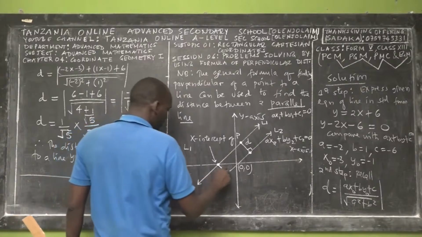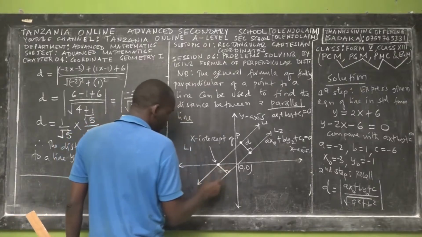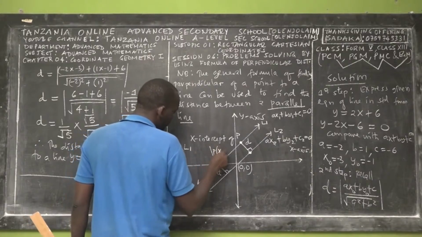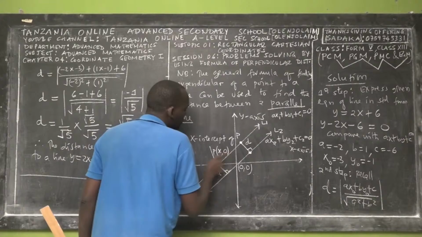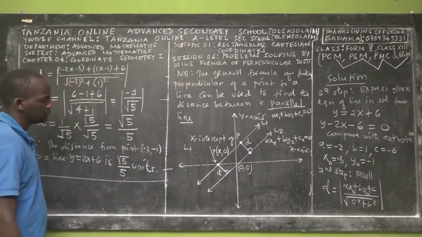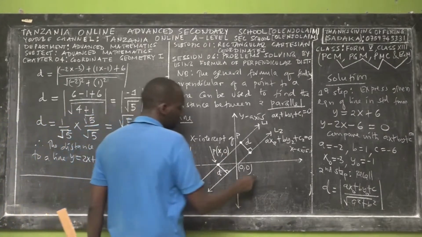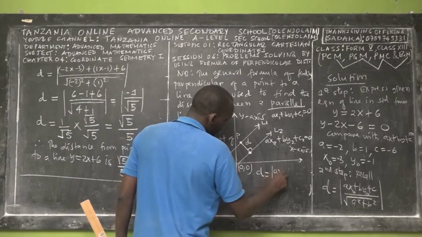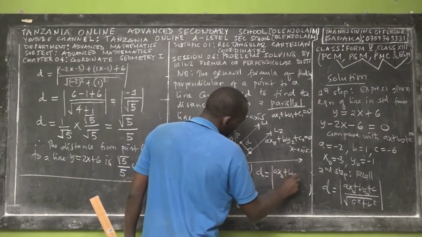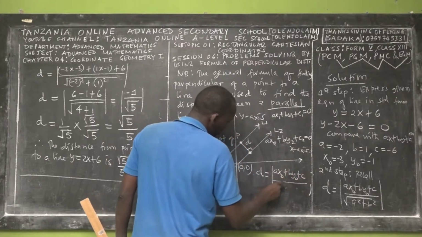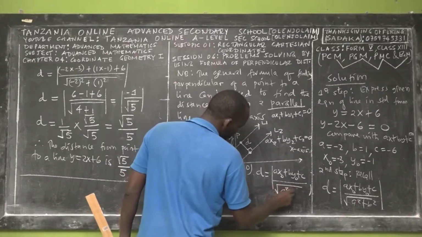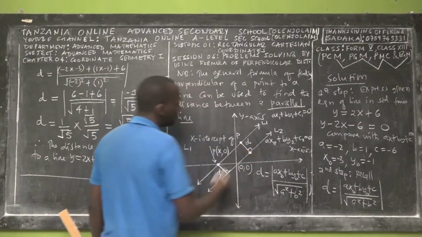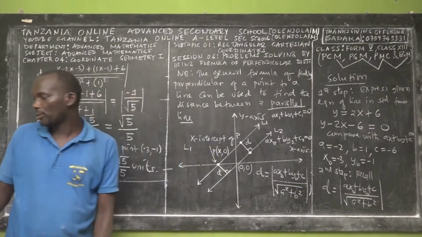While this point P is the x-intercept, you can find this distance D, which is the same as this one. So D is equal to the absolute value of ax naught plus by naught plus c over the square root of a squared plus b squared. This is the formula. So let us see problems.